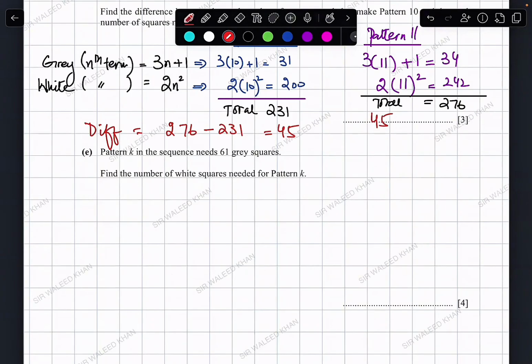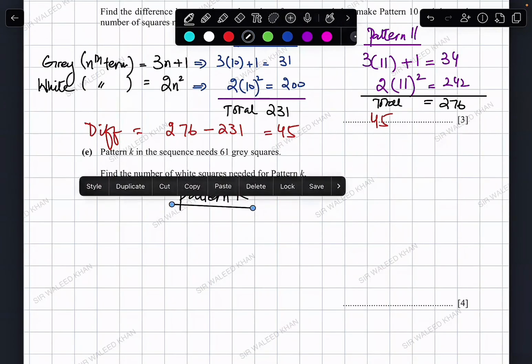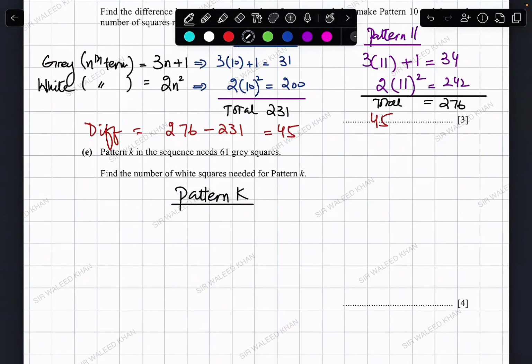Okay. Pattern K in the sequence needs 61 gray squares.